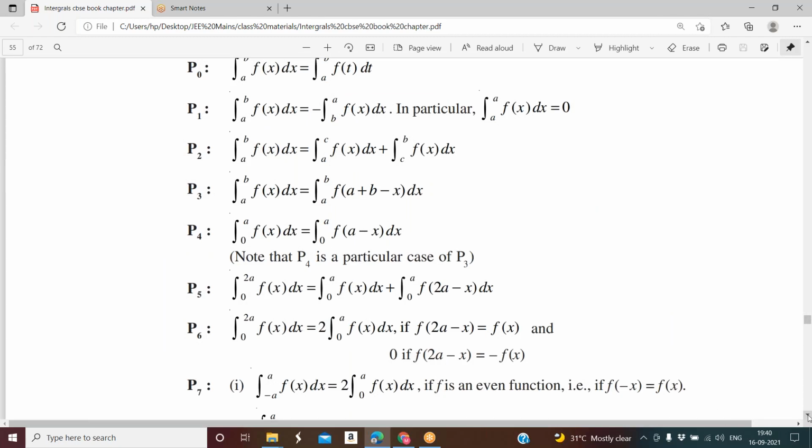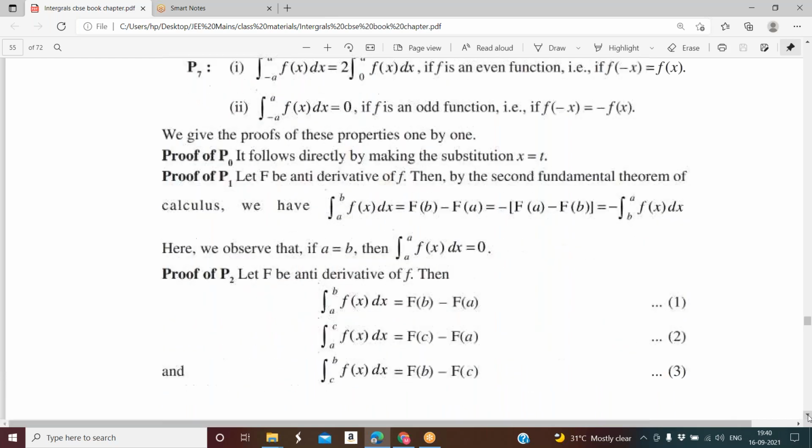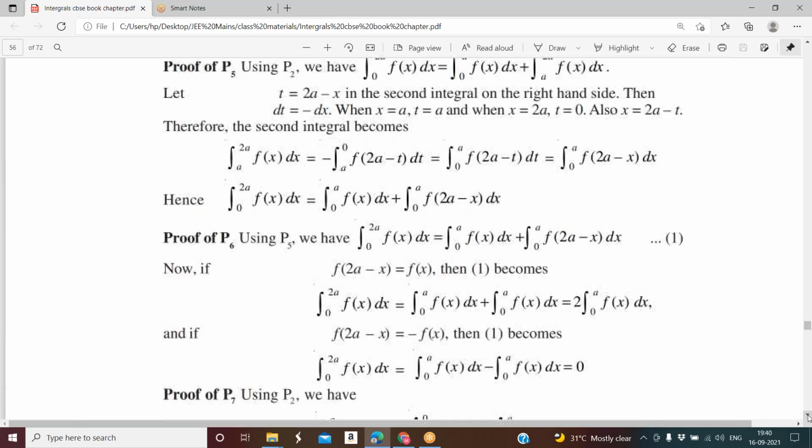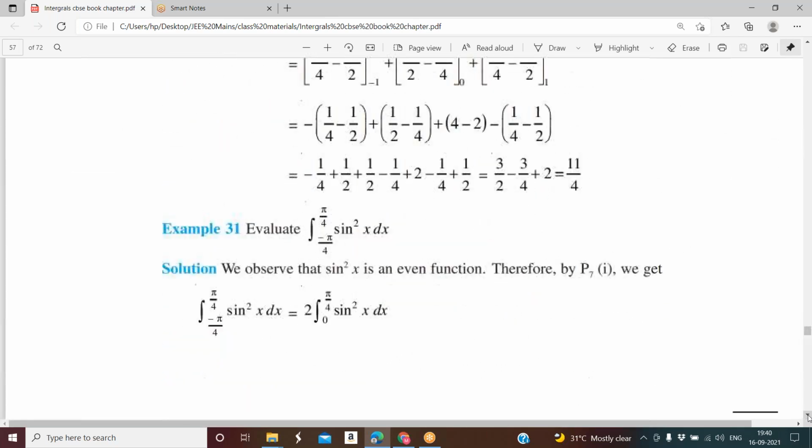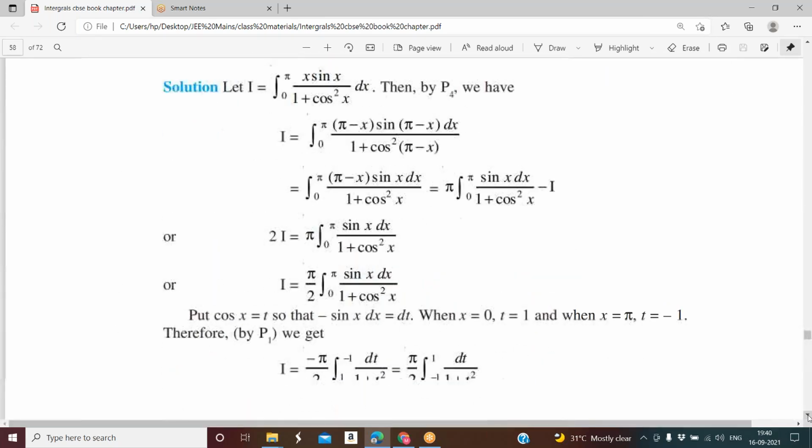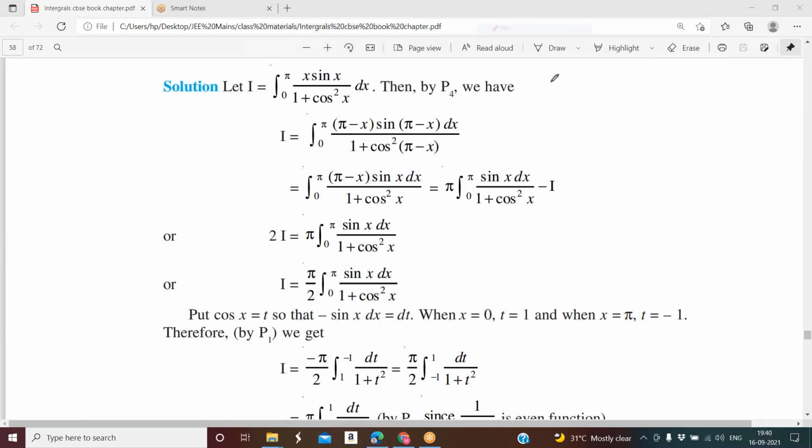Integral 0 to a f of x dx equal to integral 0 to a f of a minus x dx.